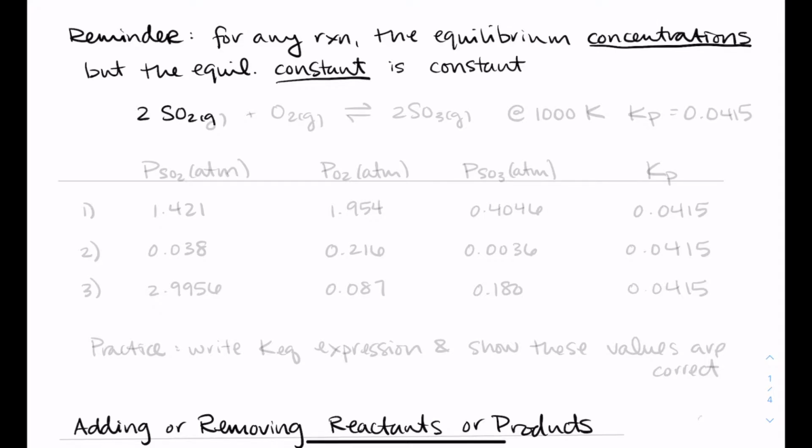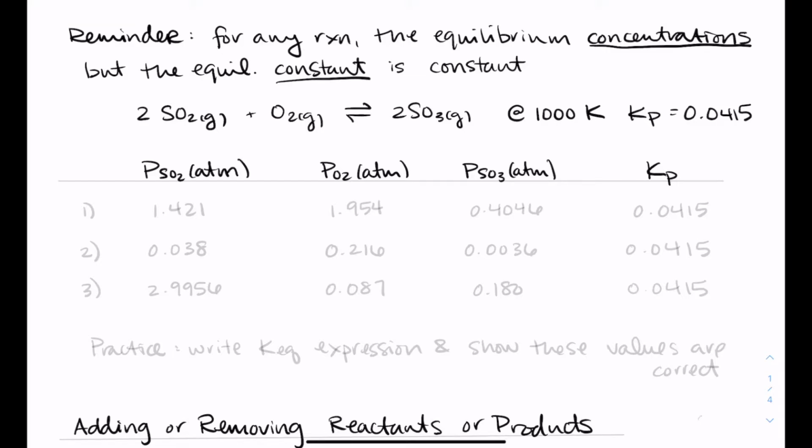Now, the exact amounts could be different. So I have an enormous table here for the reaction 2SO2 gas plus O2 in equilibrium with 2SO3 gas at 1000 Kelvin. The Kp is 0.0415. In this table, what I have for you is 3 different trials. Each row is a trial. I have a column for each of the reactants and products with some of the pressures filled in.